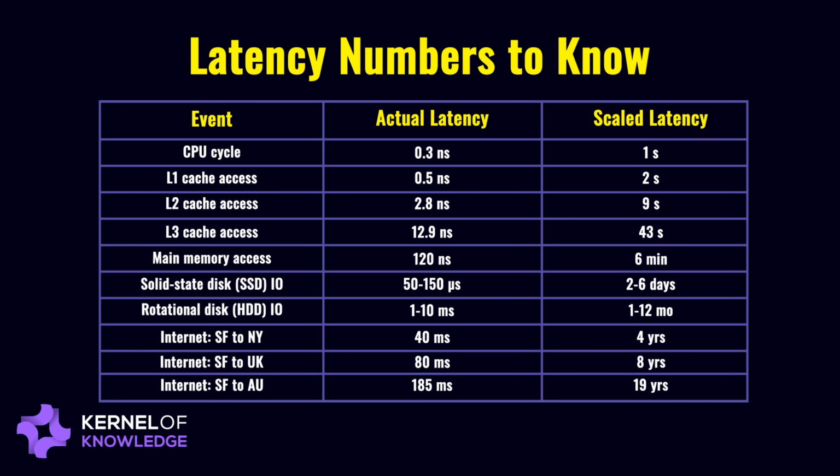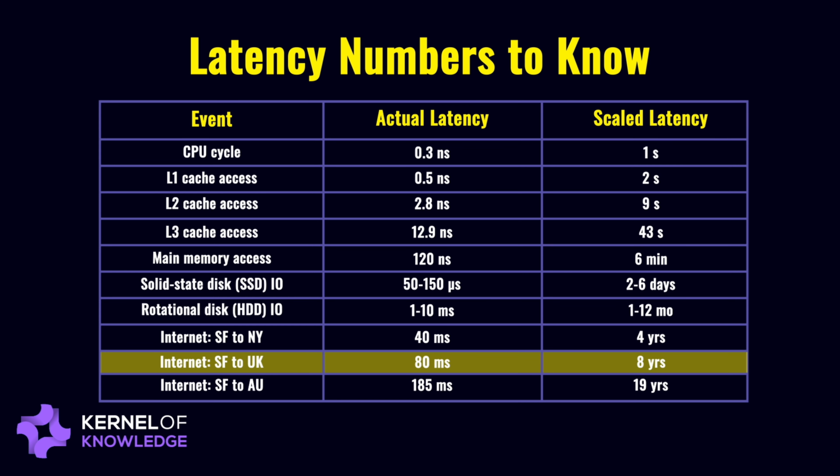The important thing here isn't to know the exact numbers, it's to understand the scale of each operation. So if you look at the request from San Francisco to London, you now understand perhaps why having a CDN or resources in London is super important. You don't want your request taking 8 years in terms of scaled up time.